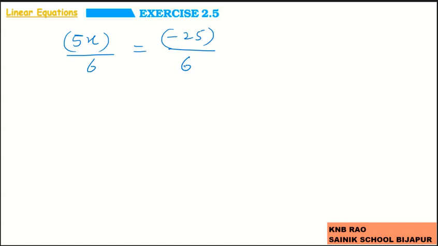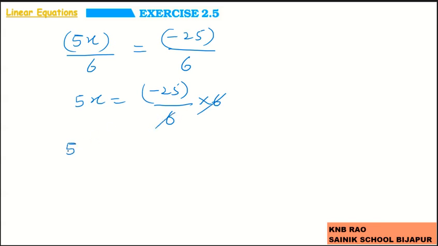If I multiply on both sides by 6, this 6 cancels, or if I take this denominator to that side, even then this 6 cancels.